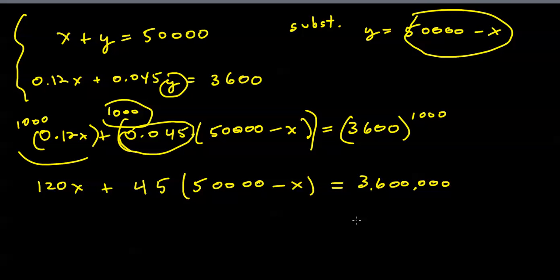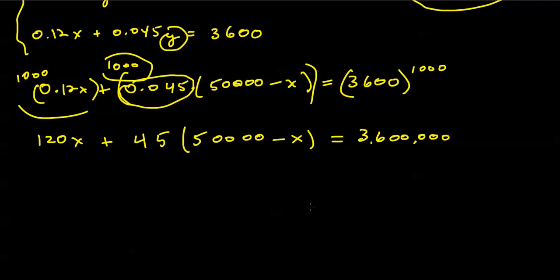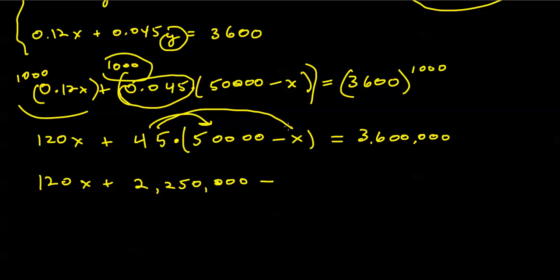All right, things are looking better now that I've got rid of those decimals. I'm going to go ahead and perform my distributive law on that second term. I'll get 120x plus, well, 45 times 50,000 is going to be 2,250,000, using my calculator, of course, minus, don't forget about 45 times minus x, gives me a negative 45x, equals 3,600,000.